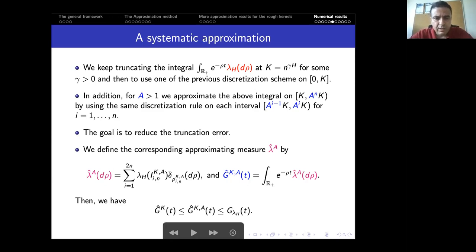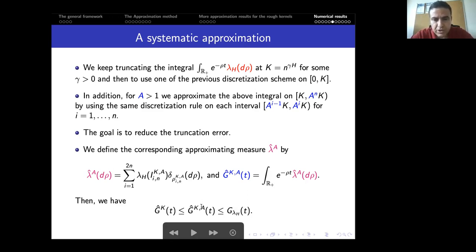So a first remark that supports that we have a reduction of the truncation error is that the new kernel, which involves the new approximation measure lambda hat a, is in between our previous approximation kernel and the target, I mean the true kernel.